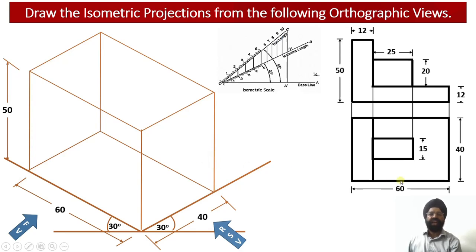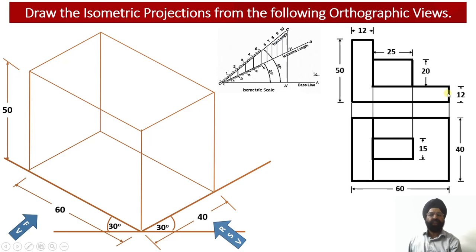Now let us proceed with construction of each of these elements. So we have divided the solid into three elements. The element number 1 is a horizontal web having a height of 12 millimeter, length 60 millimeter and width equal to 40 millimeter.